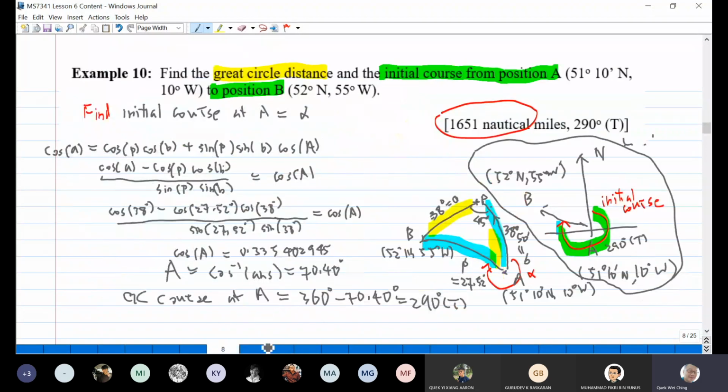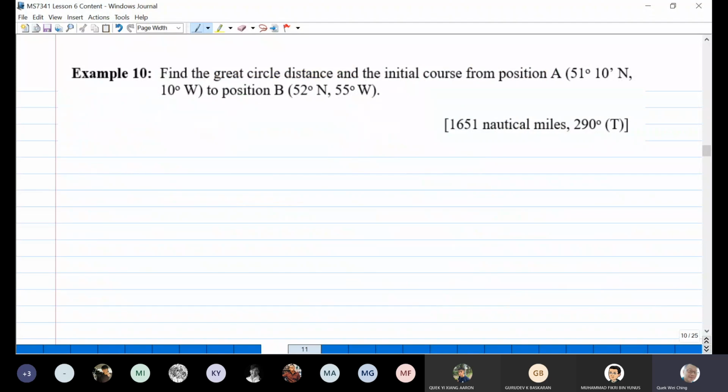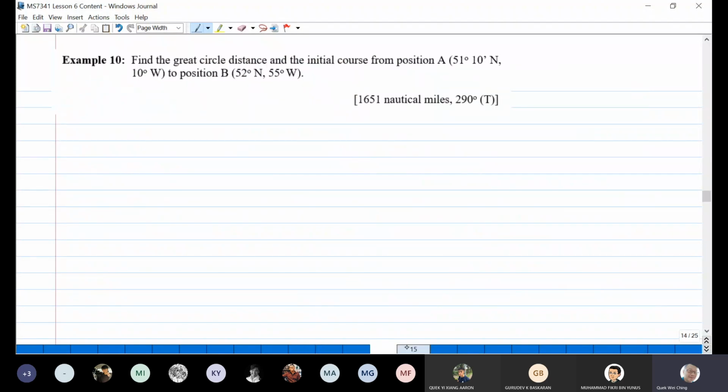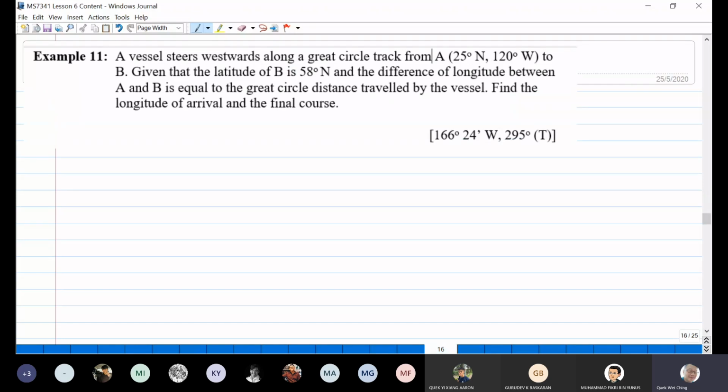So I move on to example 11. There is no issue. Example 11 now. A vessel steers westward. So they tell you that you go to the west early, right?